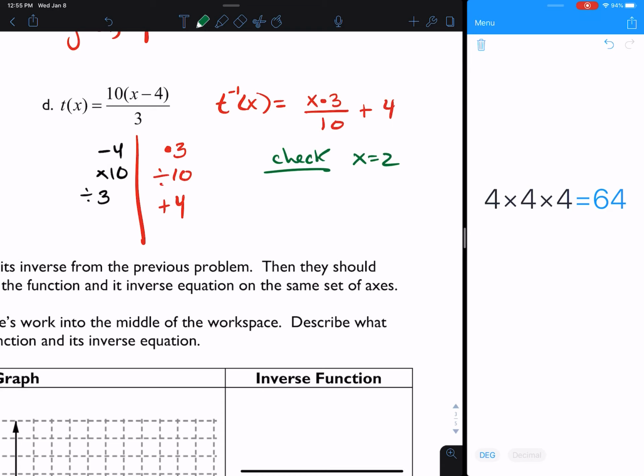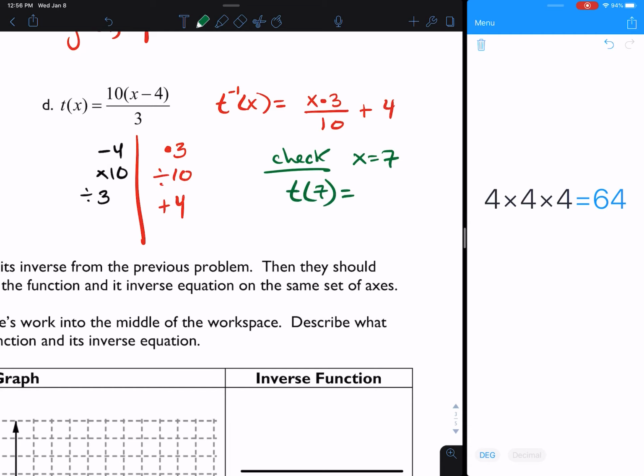It'd be nice if this top number was 30, so if this was a 3, okay, I'm going to choose the input, let's see, 5, 6, 7. So 7. So if x is 7, if my input is 7, then t of 7, hopefully that works.